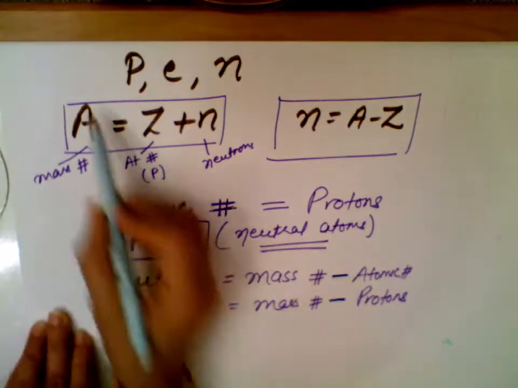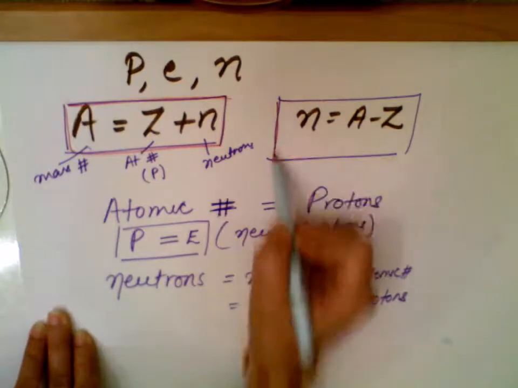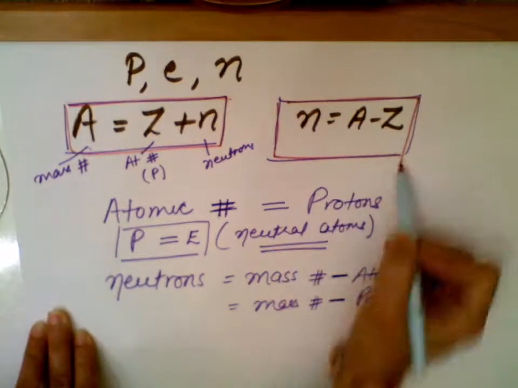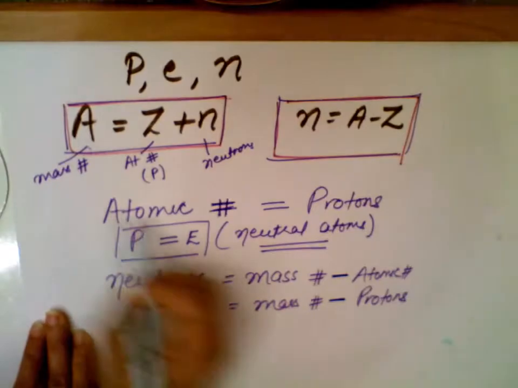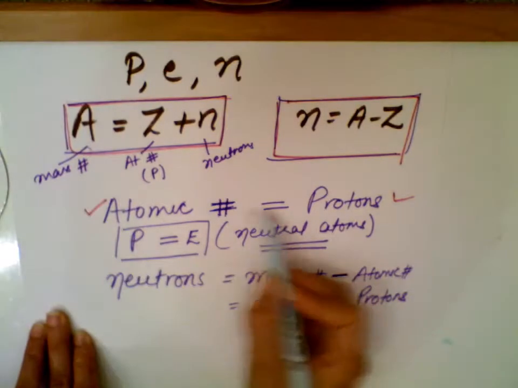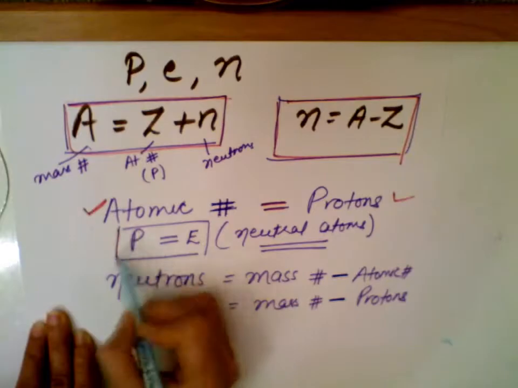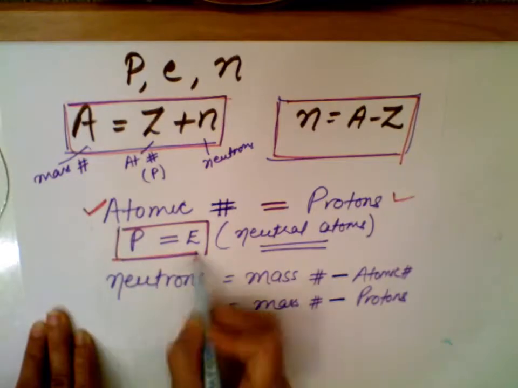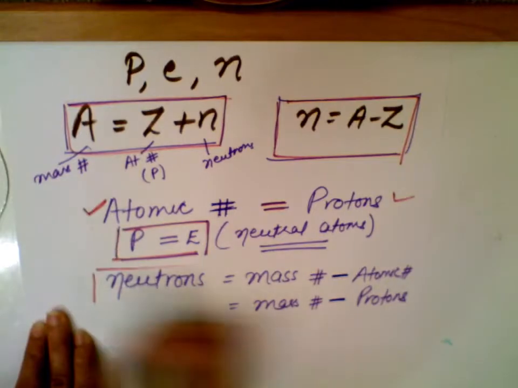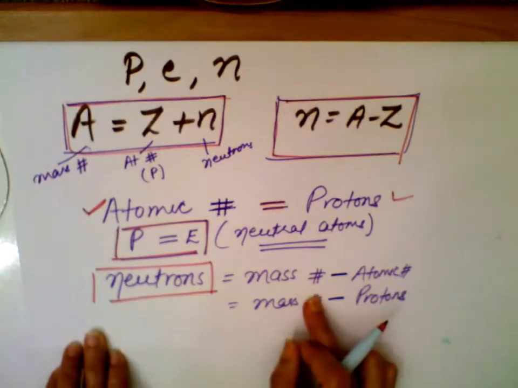There you go. These are the algebraic expressions. To find the atomic number, which equals the number of protons, you look at the periodic table. Protons and electrons are equal, and for neutrons, you subtract the atomic number from the mass number.